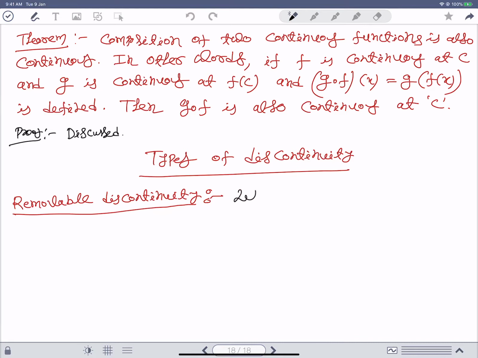So let f, say D to R, be a function, right?